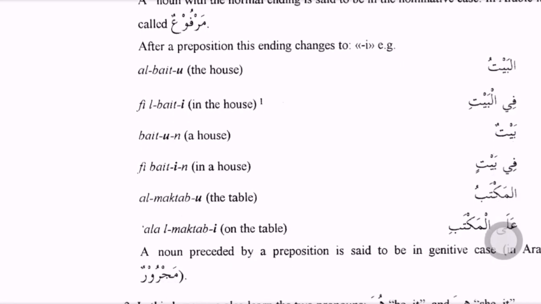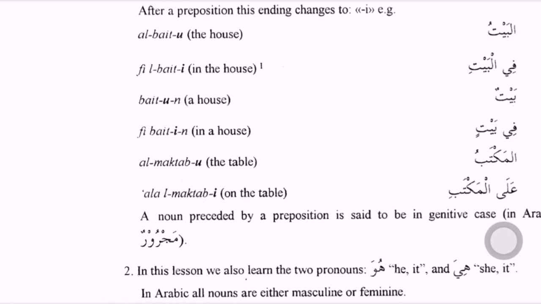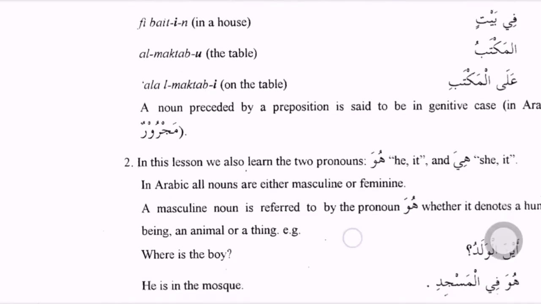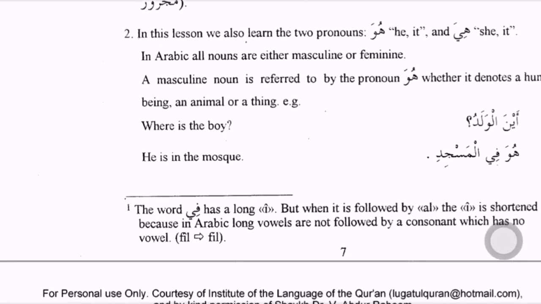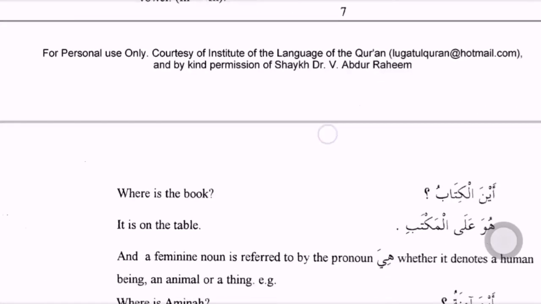Baytun fi baytin, al-maktabu ala al-maktabi. So these are the things we are going to look at. Aina al-walad, where is the boy? Huwa fil masjidi, he is in the mosque. So fil masjidi takes kasra because of the fi that has come before it.